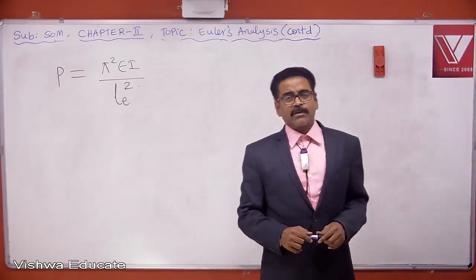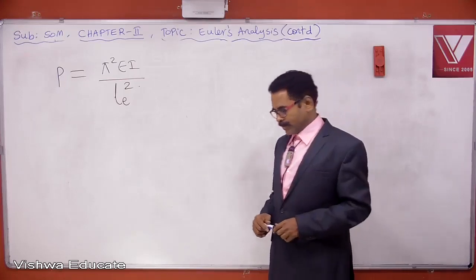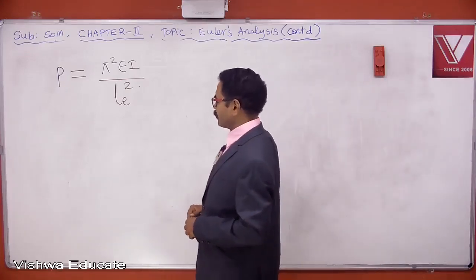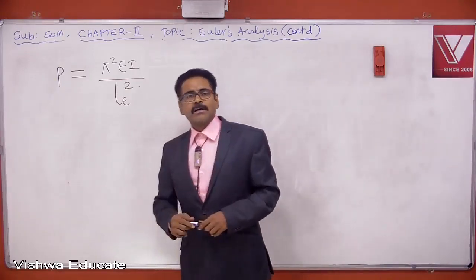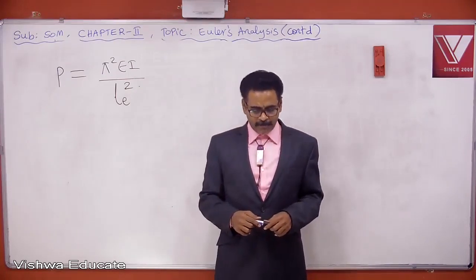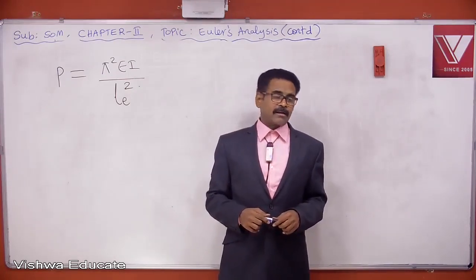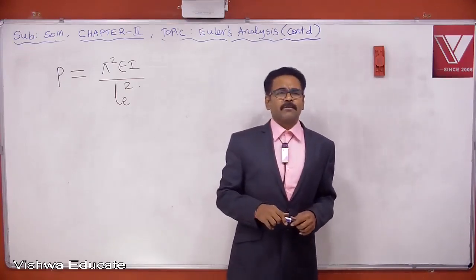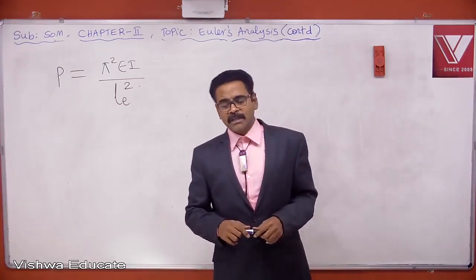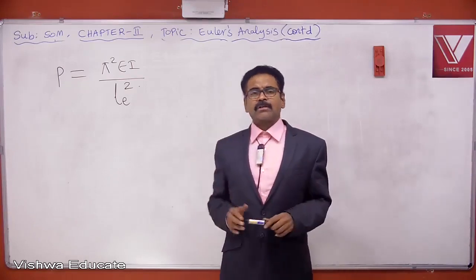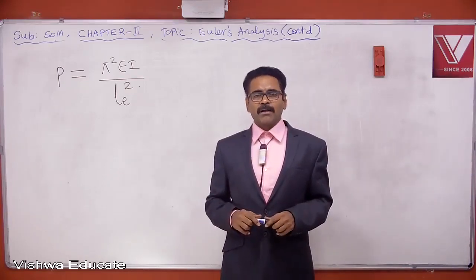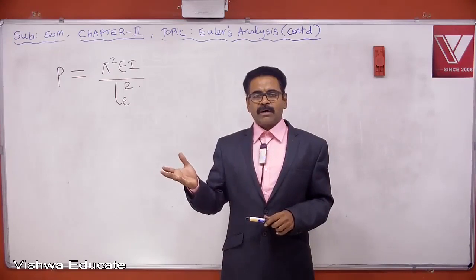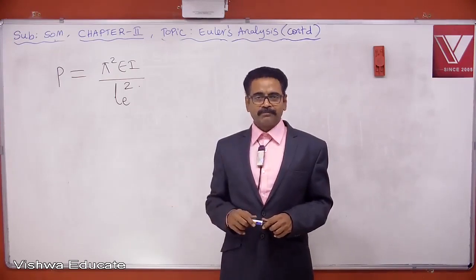So we discussed critical load and what is effective length. Sometimes in examples, sometimes in GATE questions, they may ask indirectly about critical load. A column they will give, and simply they will ask how much minimum axial compressive load should be applied to induce some permanent buckling in the column.